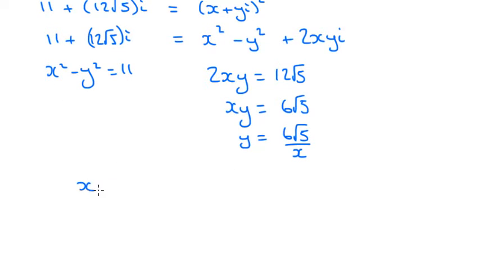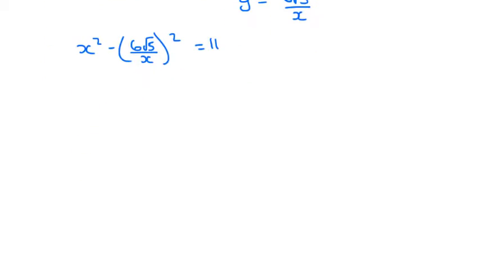So we get x squared minus (6 root 5 over x) squared is equal to 11. If we expand this, we get x squared minus 36 times 5 over x squared is equal to 11. 36 times 5 is 180.